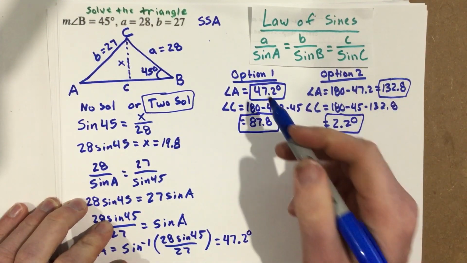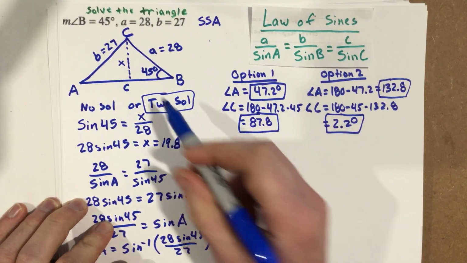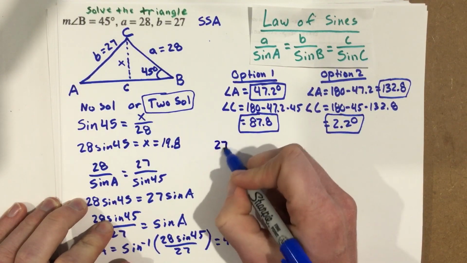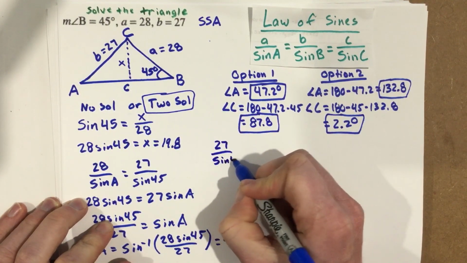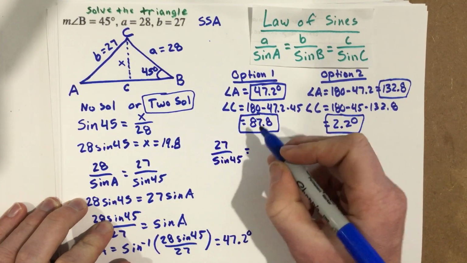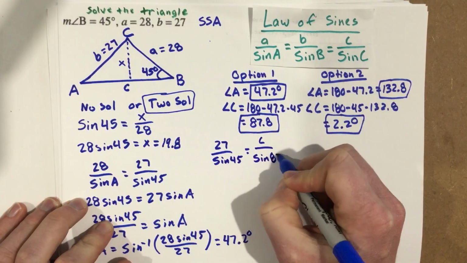Well, we now have angle C for each of these, so we can do this twice. I always go back to the original, so I'm going to say 27 over sine 45 equals C over sine 87.8.